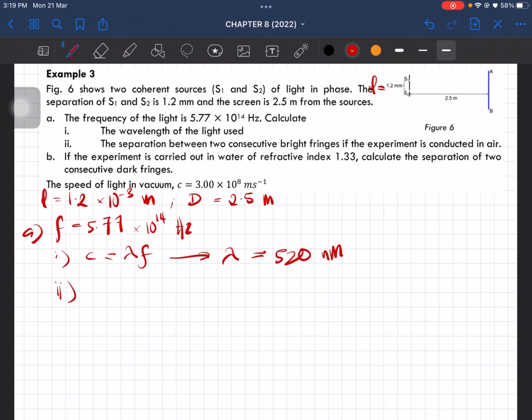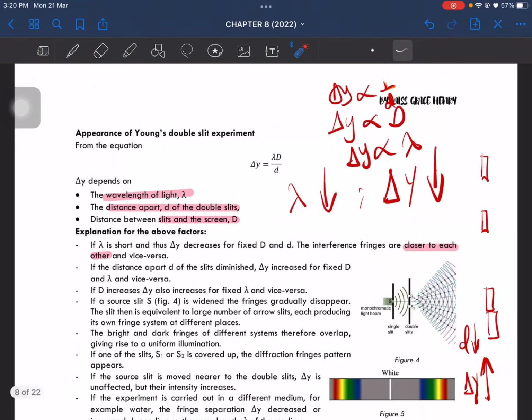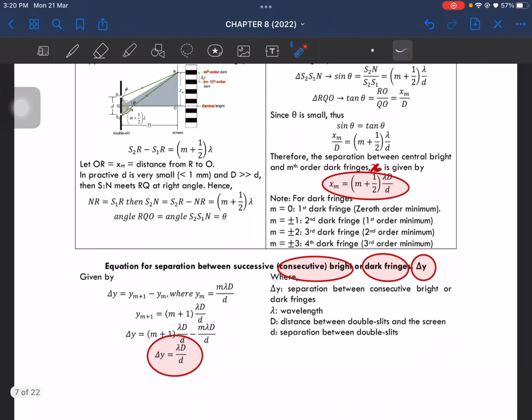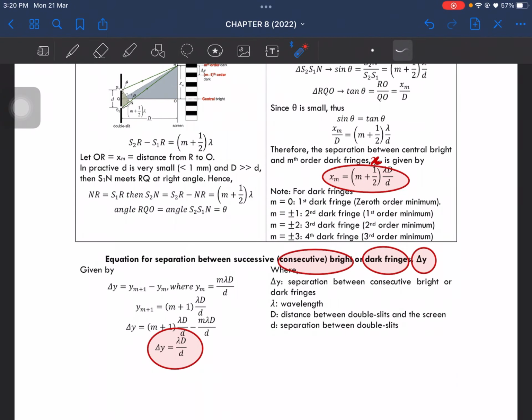And then the second question asks us to calculate the separation between two consecutive bright fringes if the experiment is conducted in air, that is delta y equals lambda D over small d. The separation between two consecutive bright fringes or dark fringes is the one shown here.